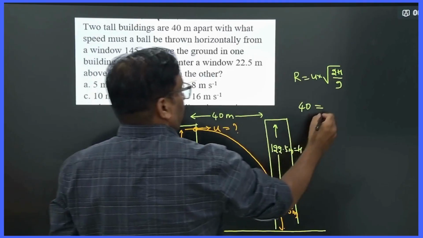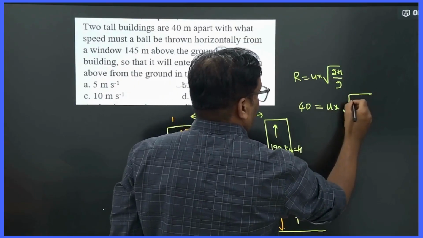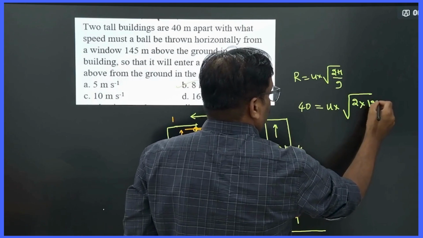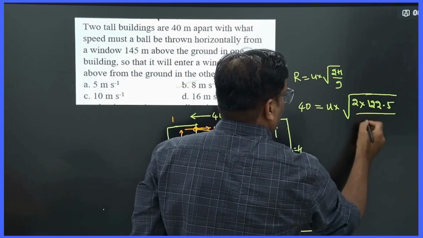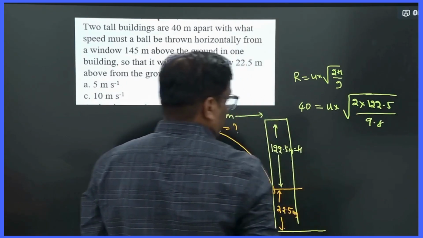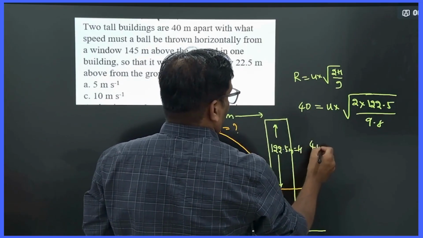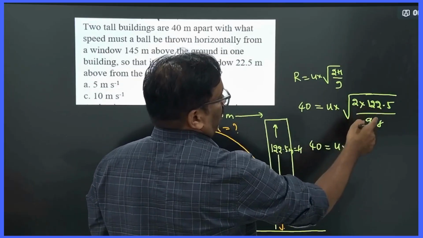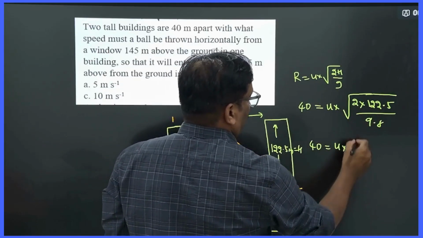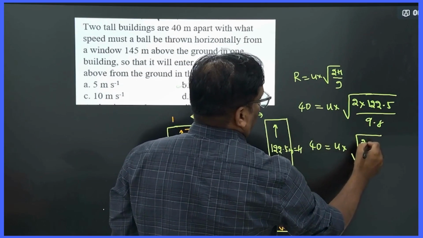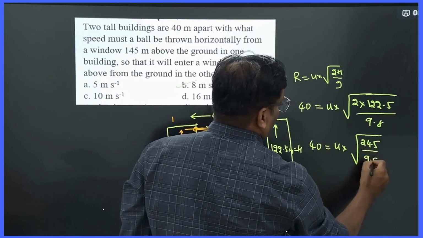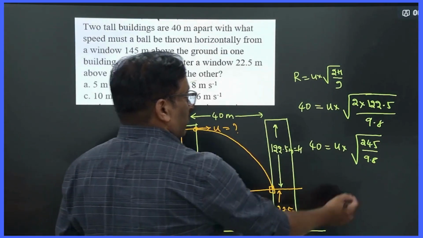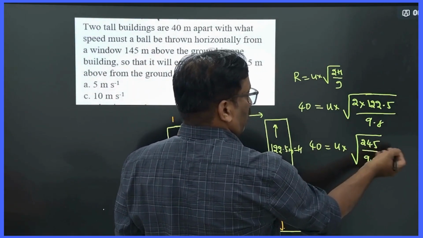u we want to calculate. u into square root of 2 into h value, 122.5, divided by 9.8. So 40 is equal to u into square root of 245 divided by 9.8. Taking 9.8 as nearly 10, 250 by 10 is nearly 25.